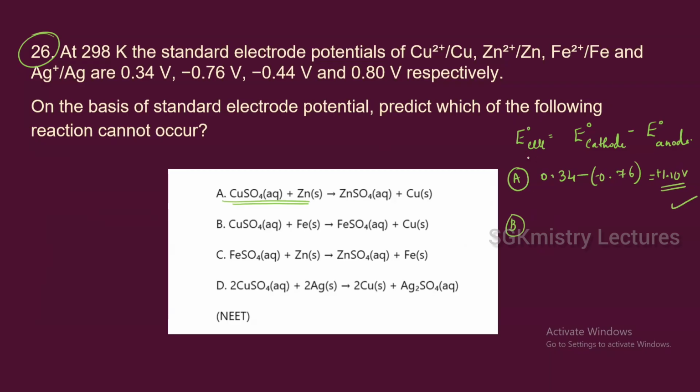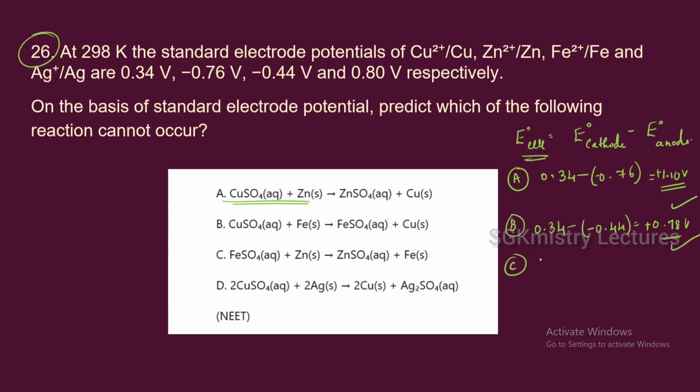Next, coming on to option B. Again, we are calculating E naught cell. For copper, we are taking 0.34. And for the iron couple, we are going to take minus 0.44, which is already given in the question. So we have 0.34 plus 0.44, which is equal to 0.78 volt. Again, it is positive. So this reaction also can take place.